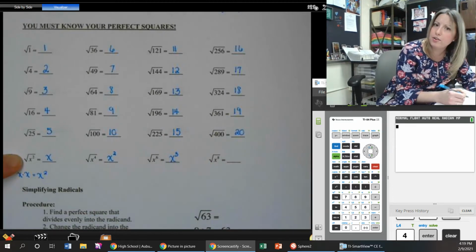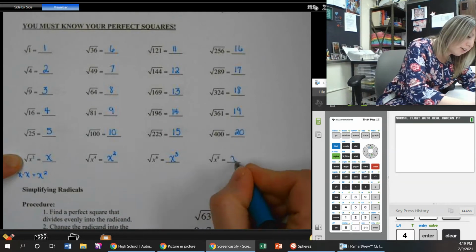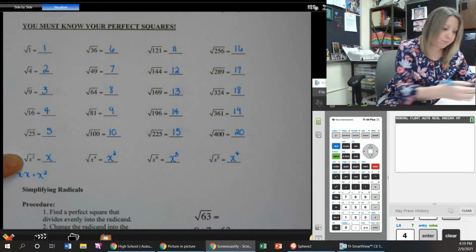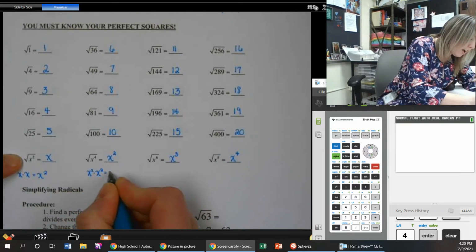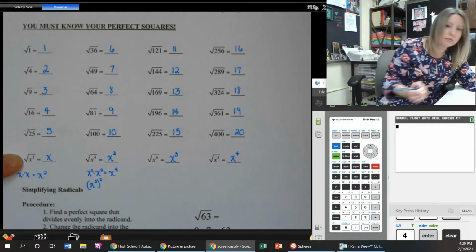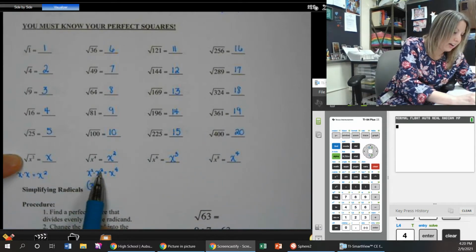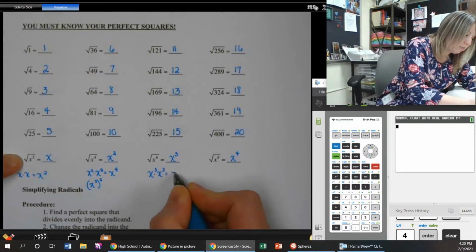Are you seeing the pattern? What times what gives me x to the 8th? That would be x to the 4th. Do you see the pattern? x squared times x squared gives me x to the 4th, which think of it this way, x squared squared. Multiply, add: 1 plus 1, 2; 2 plus 2, 4; 3 plus 3, 6.